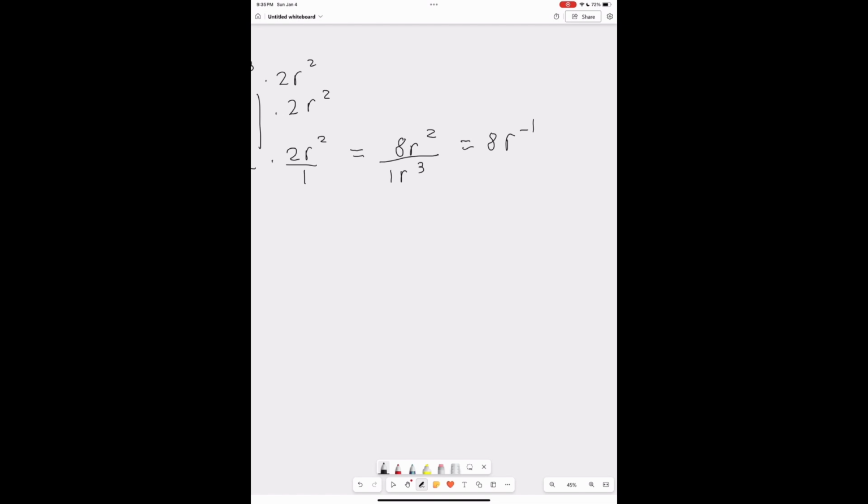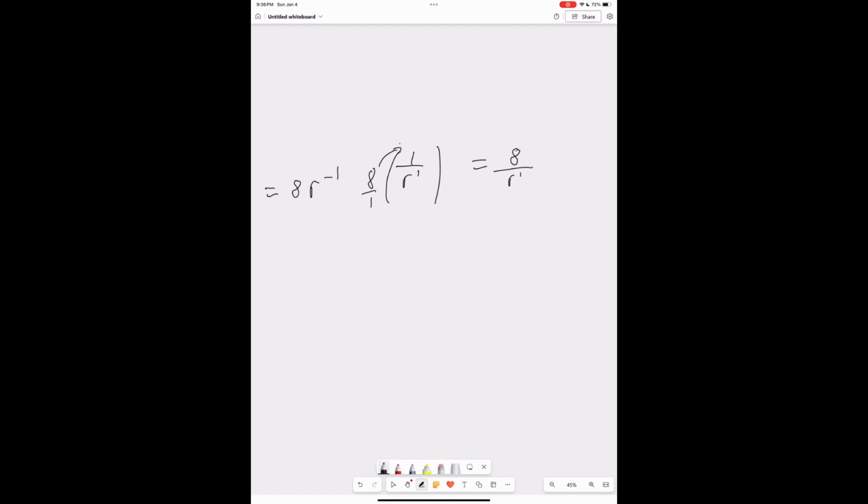So we have 8r to the negative 1. Then r to the negative 1 can be written as 1 over r to the 1 power, and we can multiply across. So we get 8 over r to the 1 power, which is the same as 8 over r.